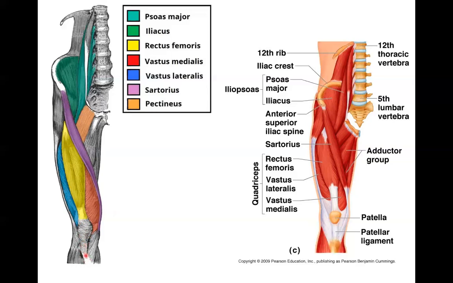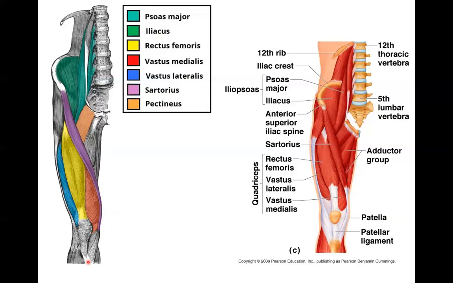So the insertion for all four quadriceps muscles is the quadriceps tendon to the patella, to the patellar ligament, to the tibial tuberosity. And because of this insertion at the tibial tuberosity, all four of these muscles will be extending the knee or extending the leg at the knee, basically kicking a ball.